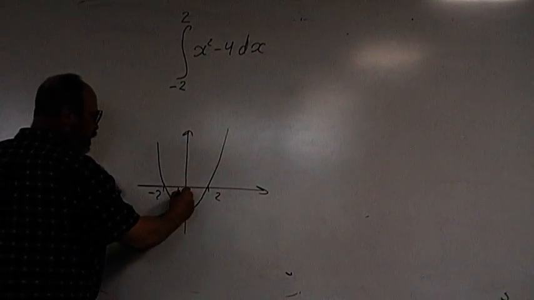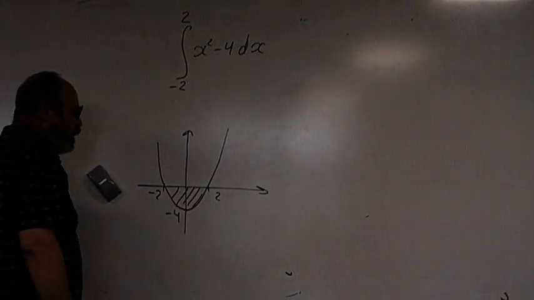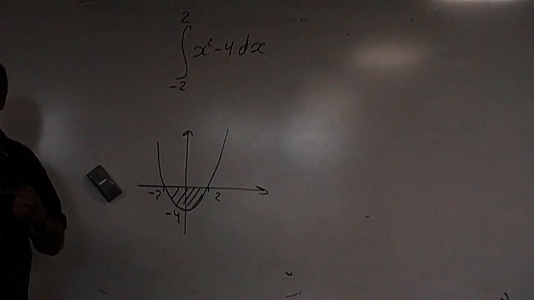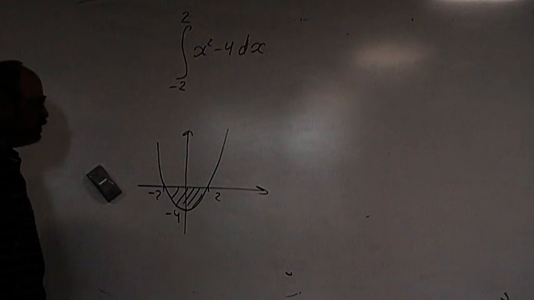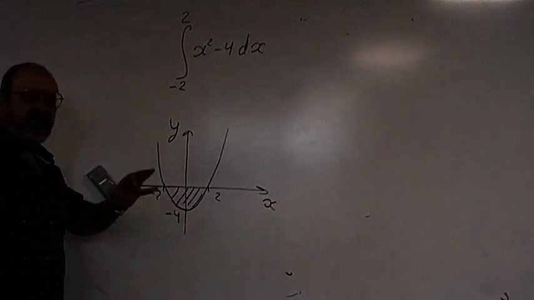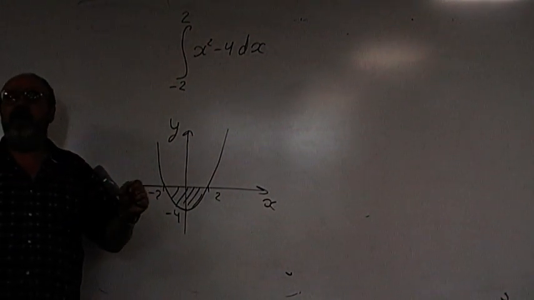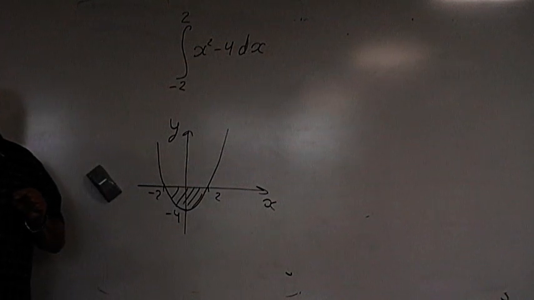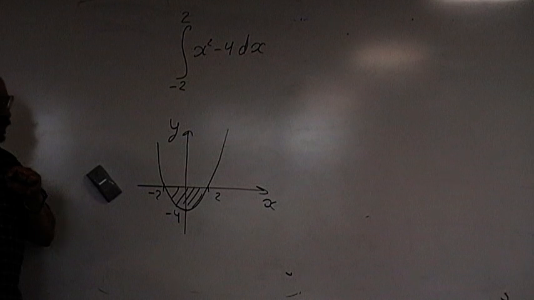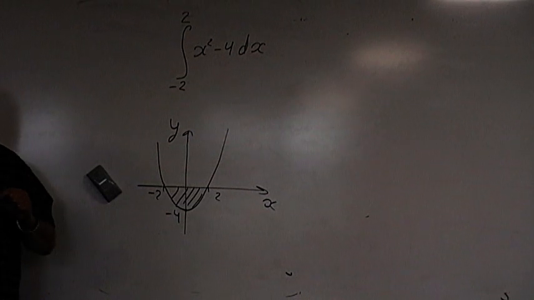We find the area enclosed between the graph and the x-axis. But if you calculate just the definite integral, we get a negative number, but area cannot be negative. So if the graph is below the x-axis, for that part we take the definite integral with a minus.